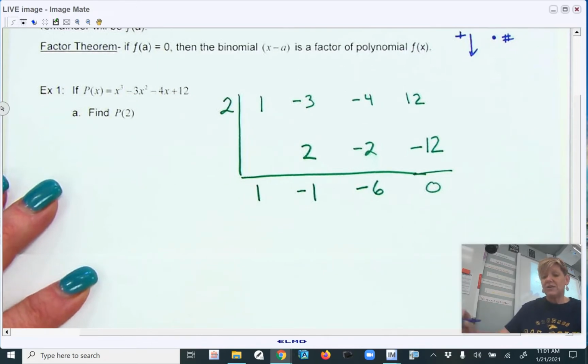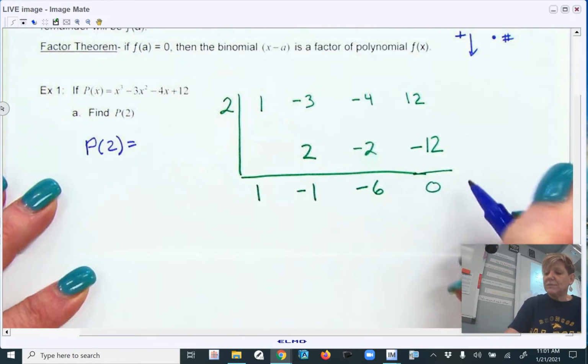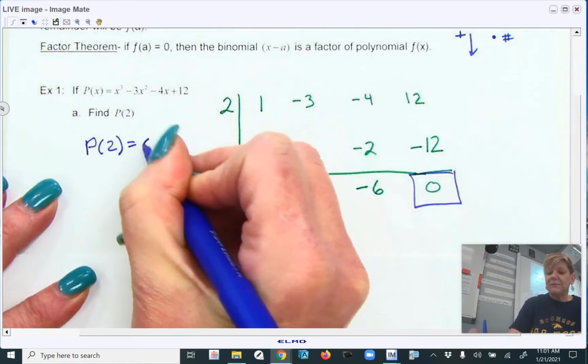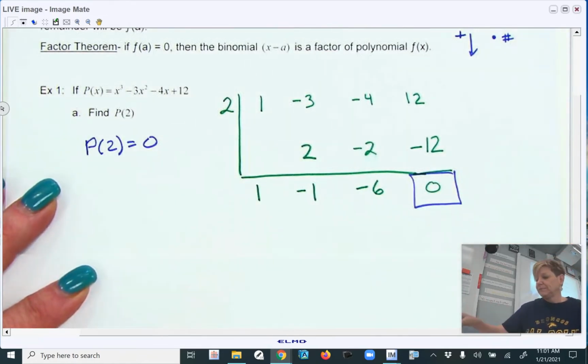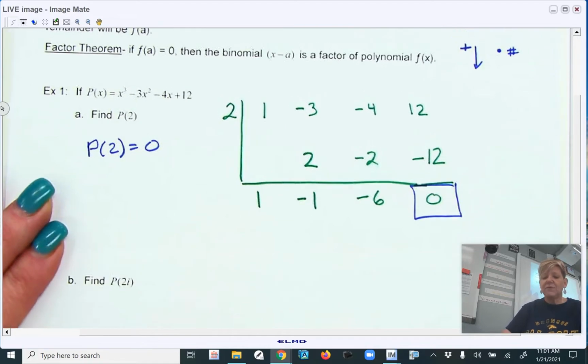So using the remainder theorem, that means that p of 2 equals 0. So that's how you evaluate the value of a polynomial function using synthetic division.